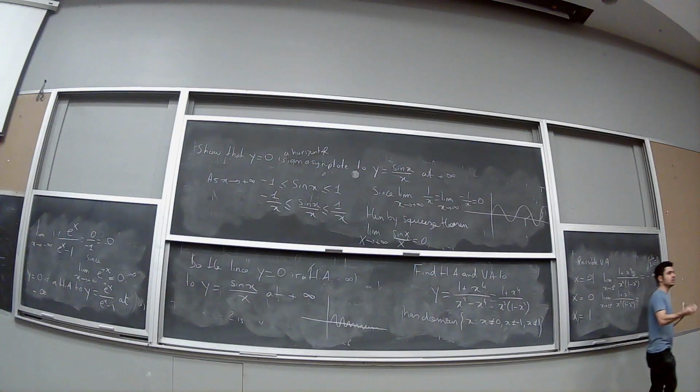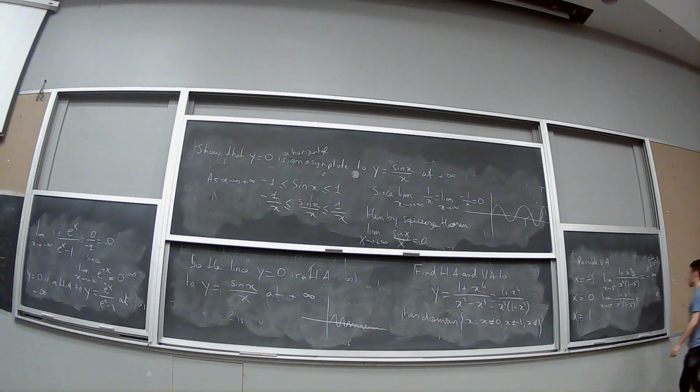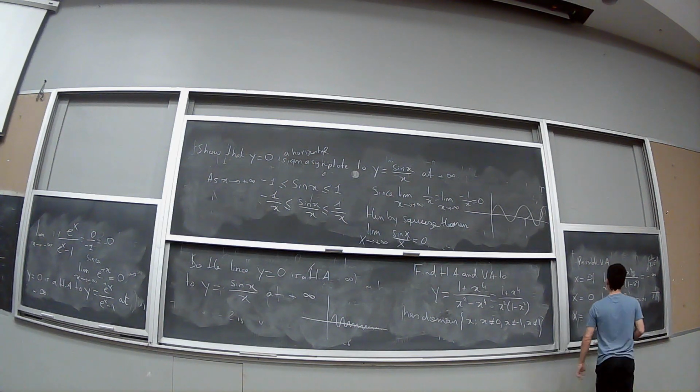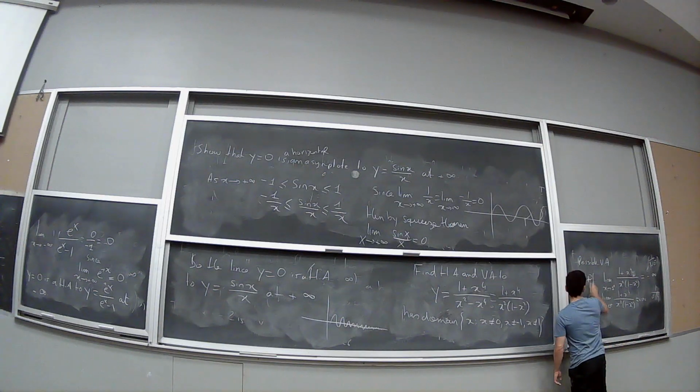Now is x squared positive or negative as x approaches 0 plus? Doesn't matter whether it's 0 plus or 0 minus, but what is it? Positive. So I have 1 over 0 plus times 1, what is that? Plus infinity. Oh shoot, this is plus 1 here. Okay, and I'll put a minus 1 here.